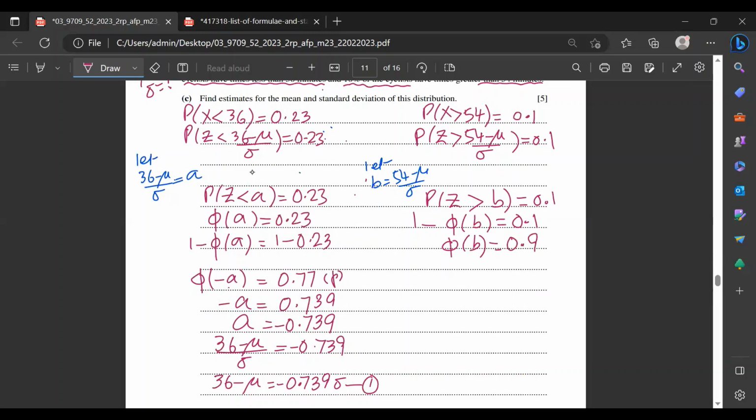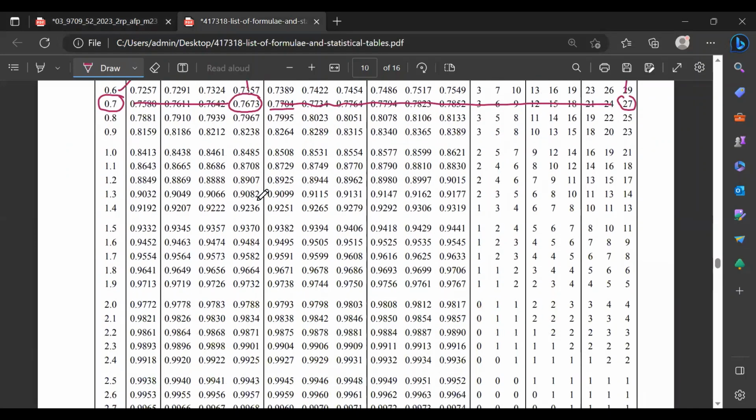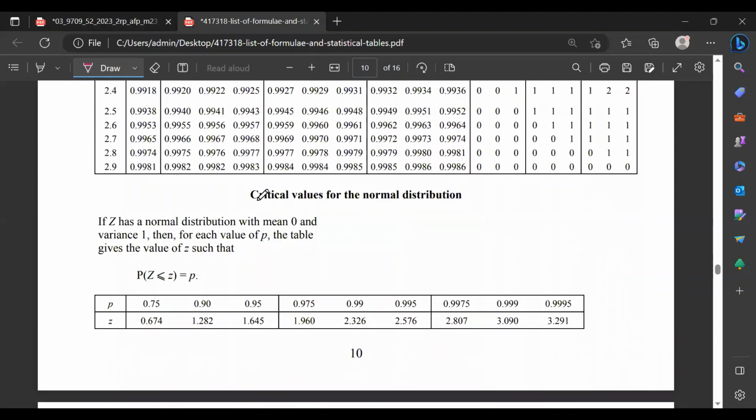Again here p is given, and z is the question mark. So p is 0.9. Coming to the table, you can find 0.9, if not, the number less than that, but there is another table at the bottom. There are 9 different values of p and the corresponding values of z.